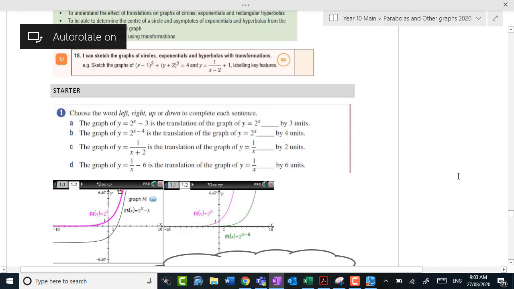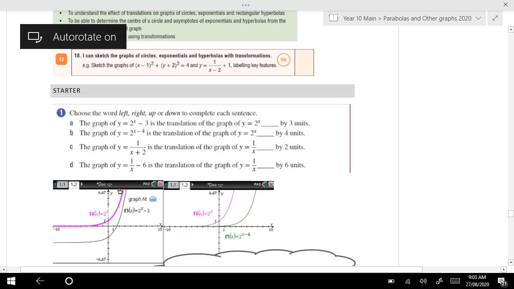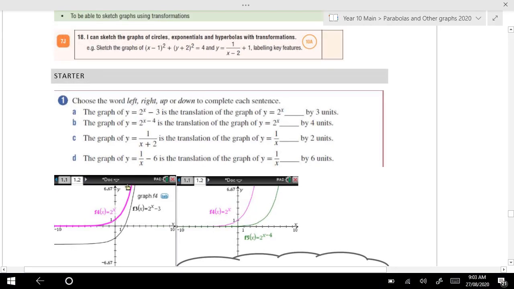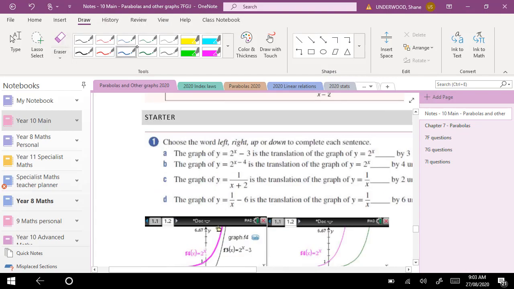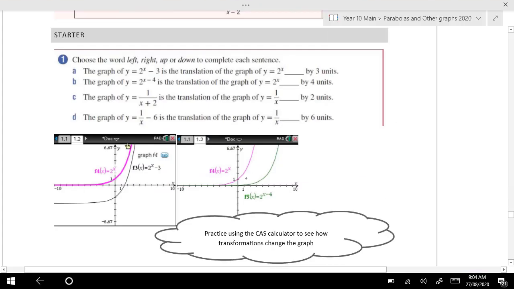So we're going to familiarize ourselves with these transformations and be able to describe them as well. So the graph of 2 to the x minus 3, I've actually got that here. So you can see that if I, let's pick a point. Let's put this point here.